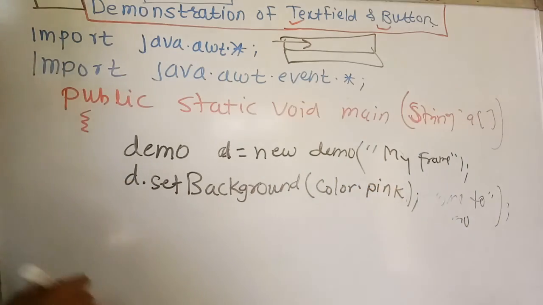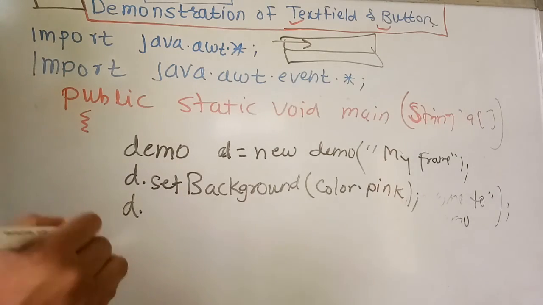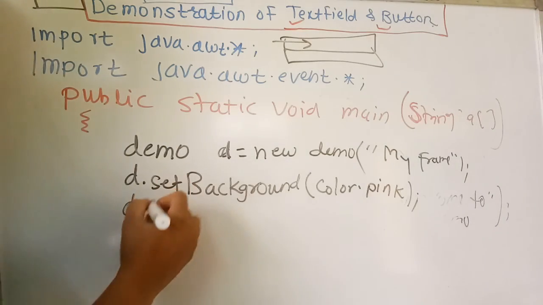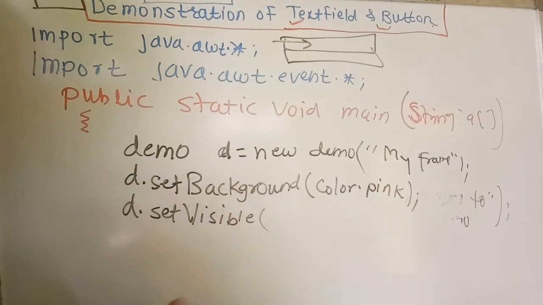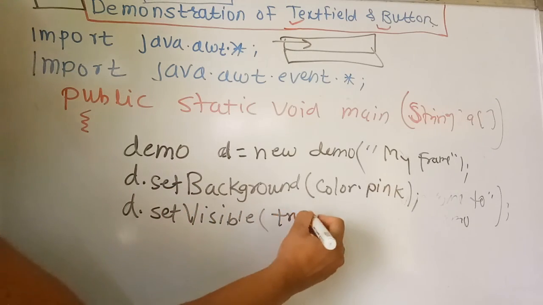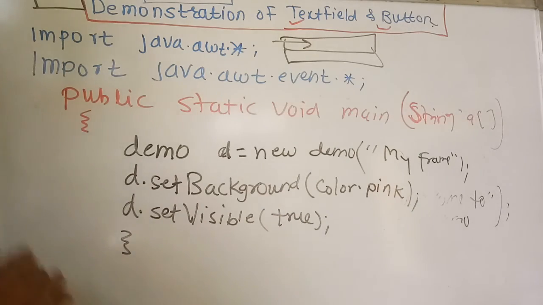And for displaying any frame, there is a compulsory mechanism: you have to set the setVisible method to true. Then it will be displayed on the screen. So this is the completion of the static main and the completion of the class.